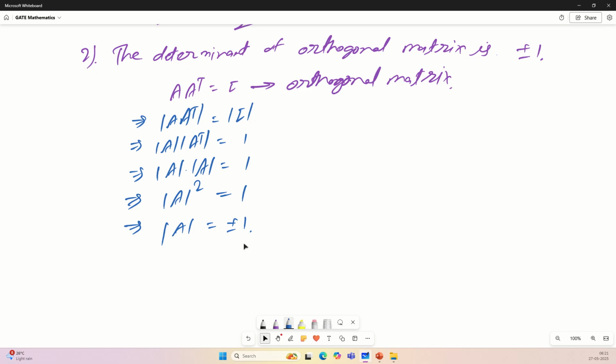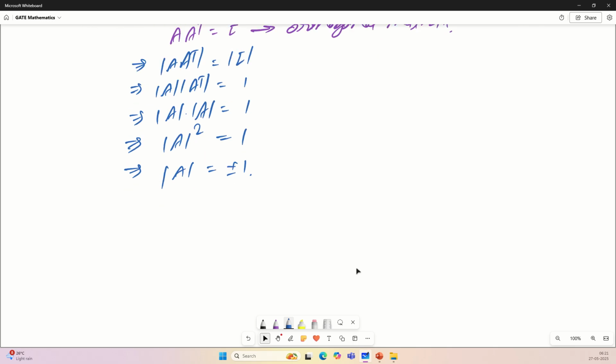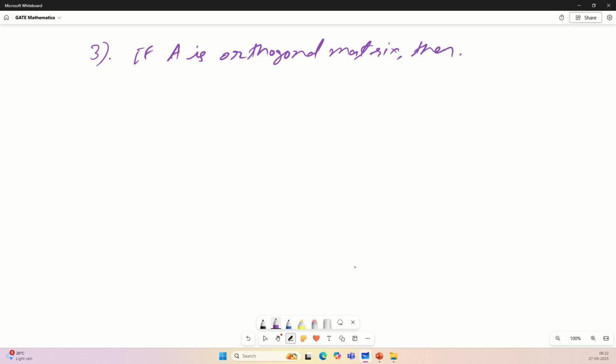Now let us talk about the other part. So the next property is, if A is orthogonal matrix, then we can say my A inverse is nothing but A transpose.